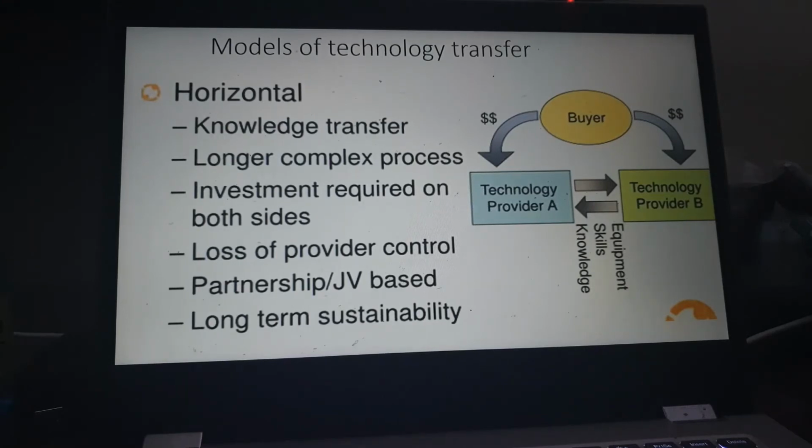Let's say Japan sends cars to the US, but probably the US will send some industrial equipment to Japan. So there is mutual benefit.